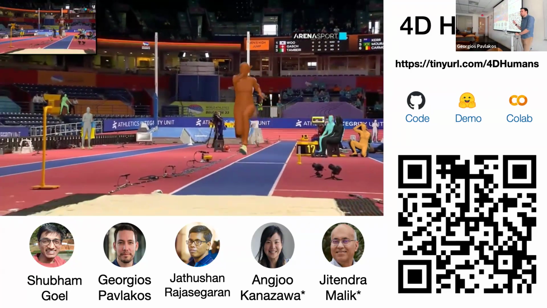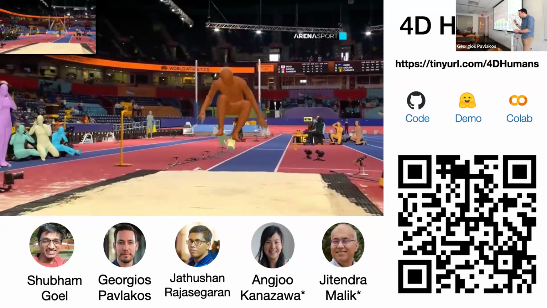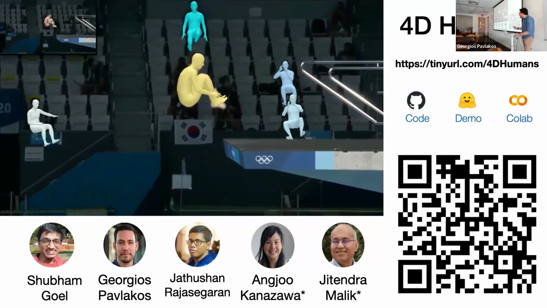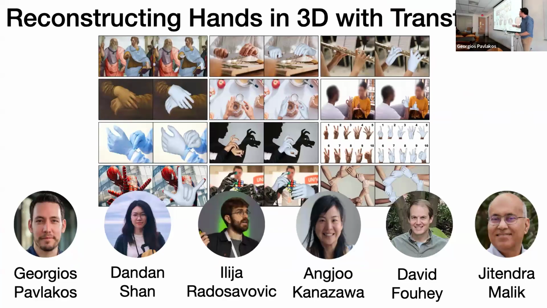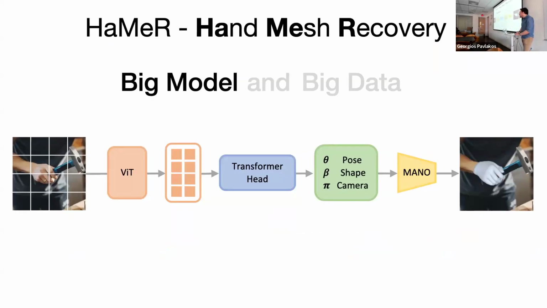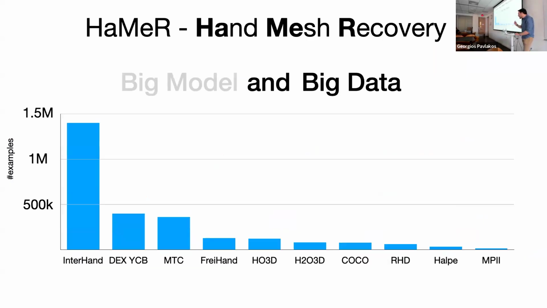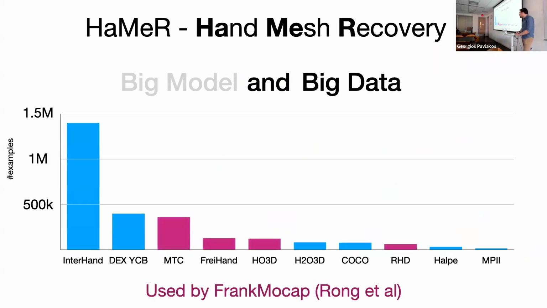Yeah, and just to show that this was not a one-off, and that this kind of approach applies to different settings as well, we also had a follow-up work where we did the same for hand pose estimation. The recipe is the same. We take this large model that we train with a large amount of data, about 4 times more data than what previous approaches were using.